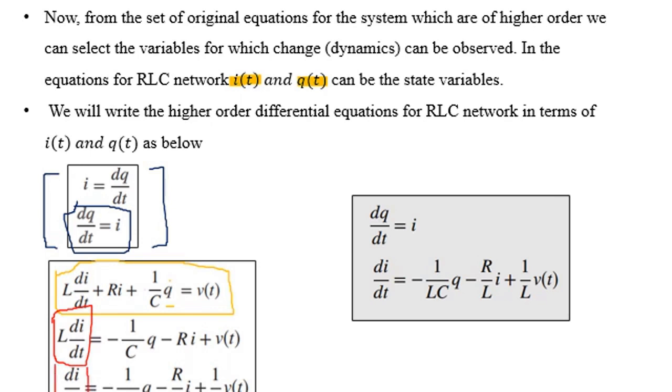And with this we will get the second equation for the state model. Now both the equations involving first order derivatives of state variables represent the state space model for the system.